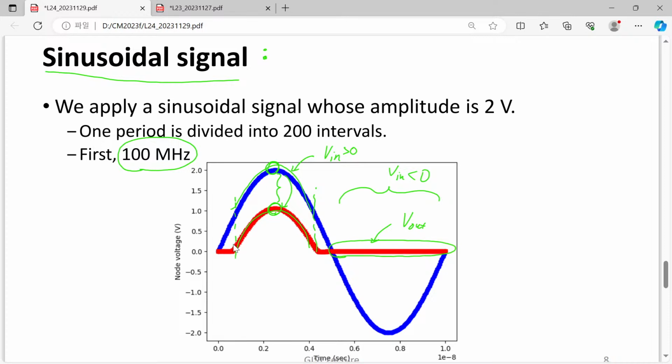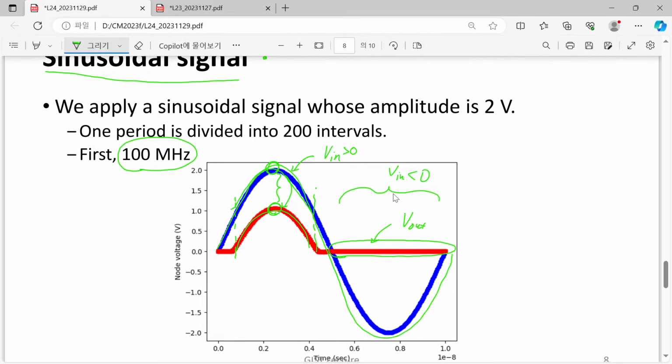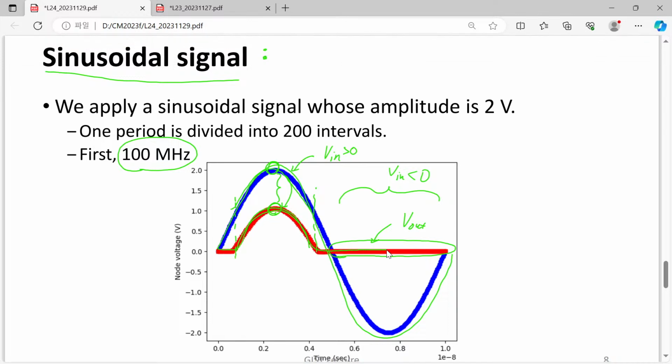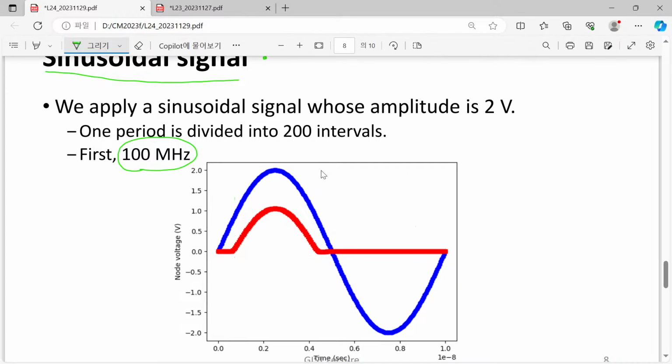So simply speaking, when we have a certain 1 megahertz signal, now we have a signal like this. The difference between this and that is like this. Please try to calculate the average of this blue line within a period. What is the average?